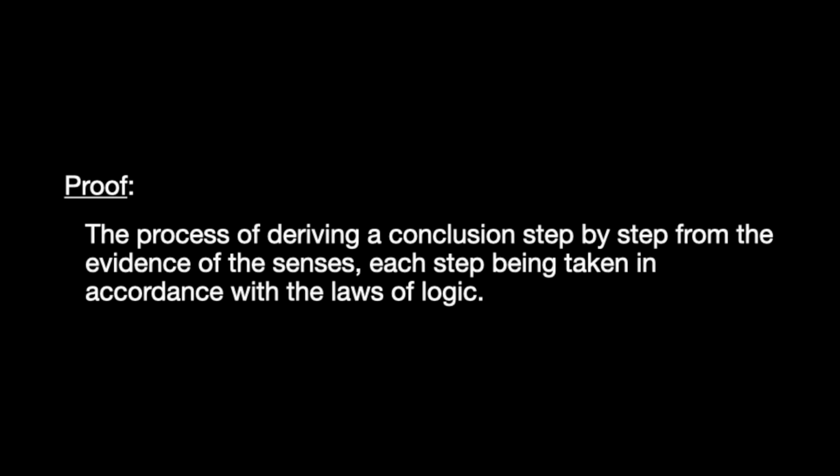Again, proof: the process of deriving a conclusion step by step from the evidence of the senses, each step being taken in accordance with the laws of logic. 5 objects is evident in the senses, so no steps are needed.